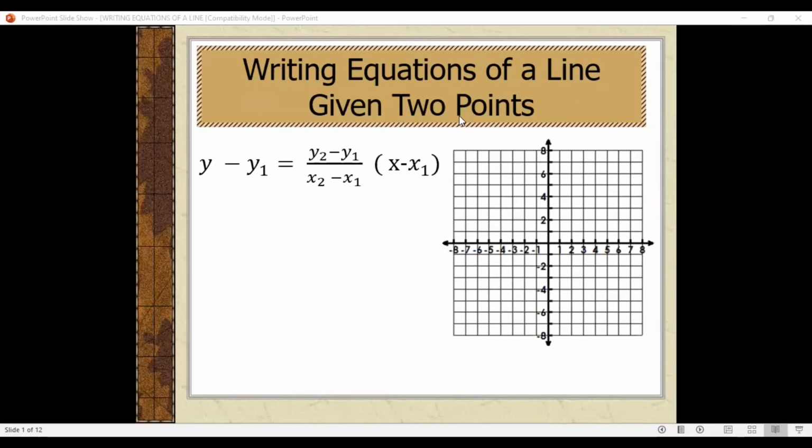How do we find the equation of a line given 2 points?